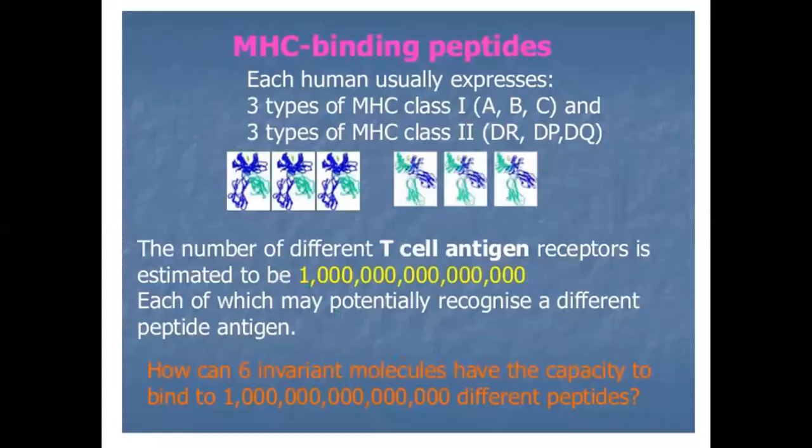Each human usually expresses 3 types of MHC class 1, that is A, B, C, and 3 types of MHC class 2, DR, DP, and DQ. The number of different T cell antigen receptors is estimated to be this number, each of which may potentially recognize a different peptide antigen.